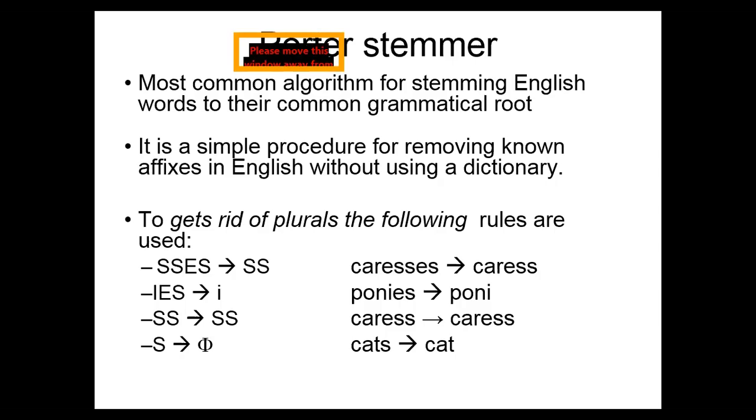Sometimes multiple suffixes are added. If there are multiple suffixes, we even have to know the order of adding those multiple suffixes. Can ing come first before ses, or ses come first before ing? So the order of adding suffixes in a word by itself matters a lot.